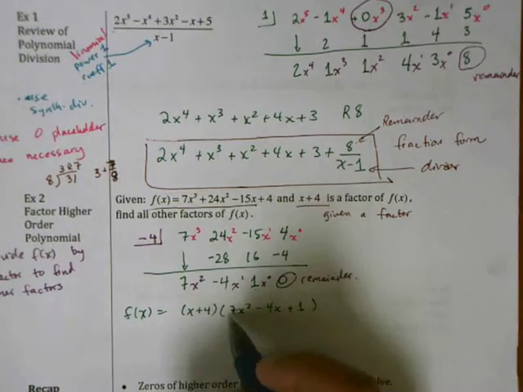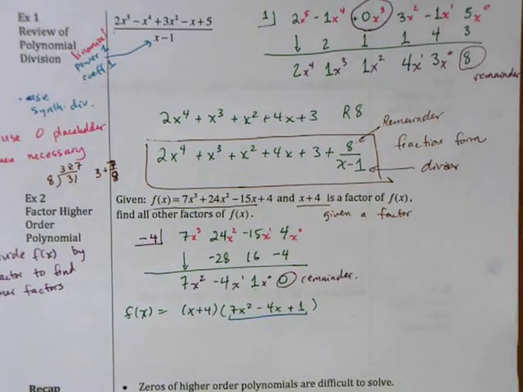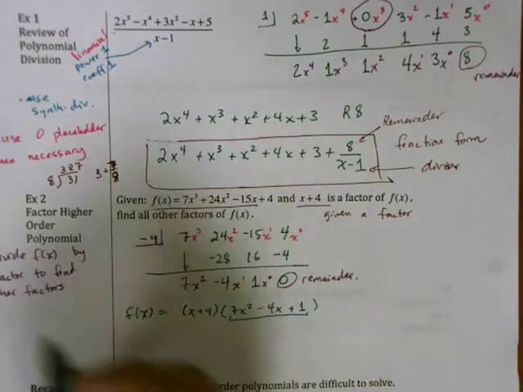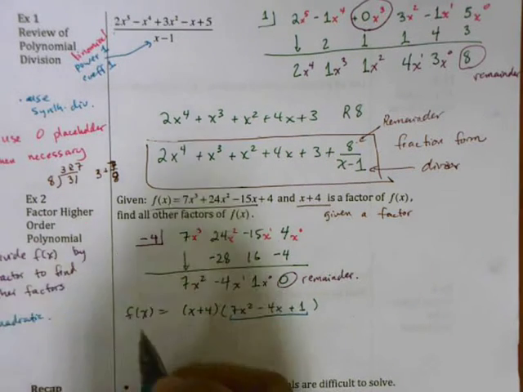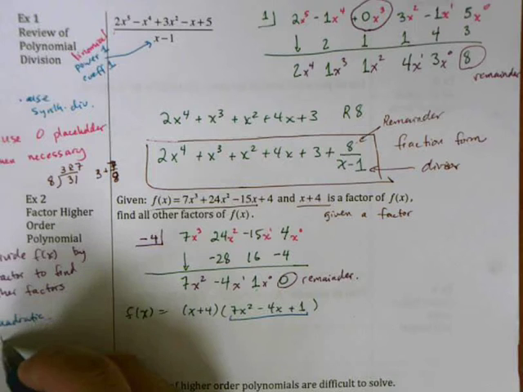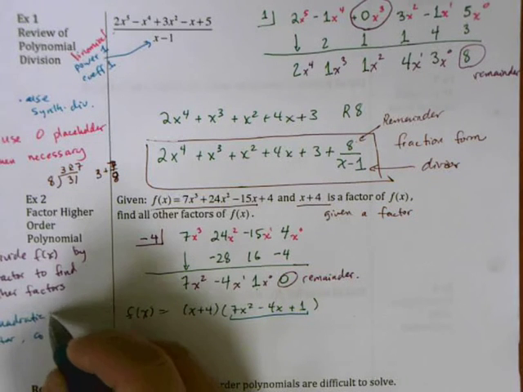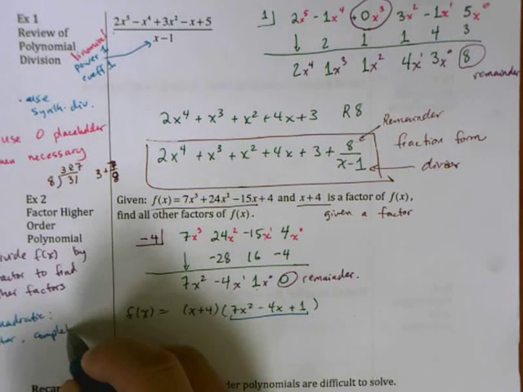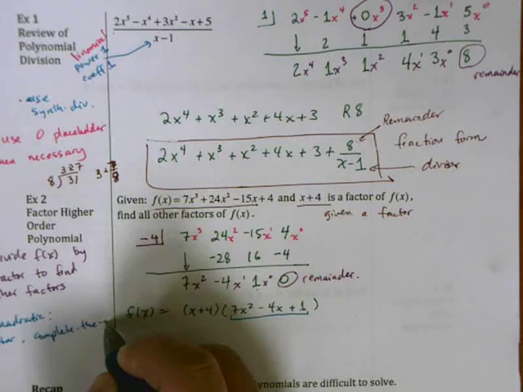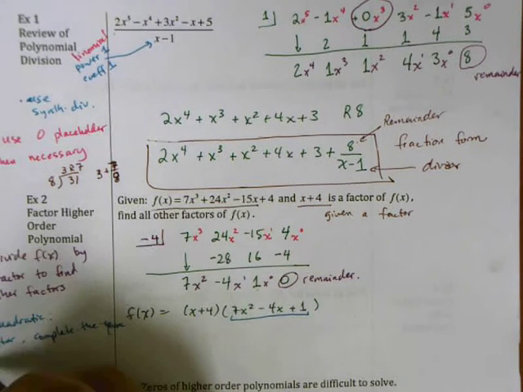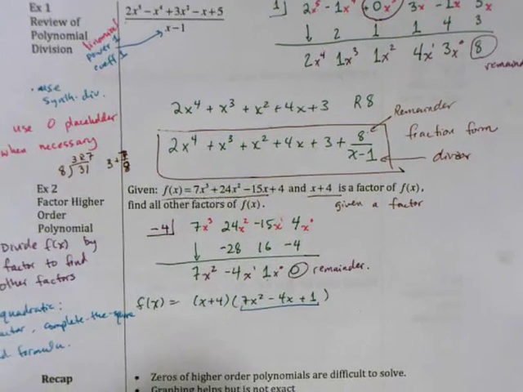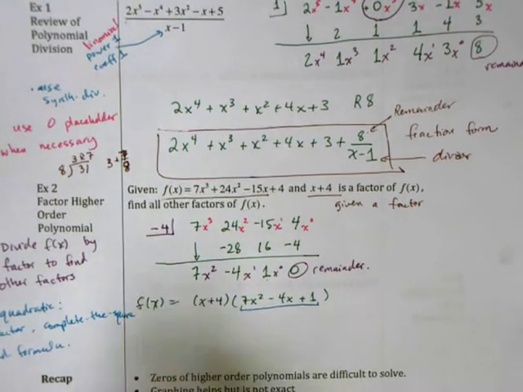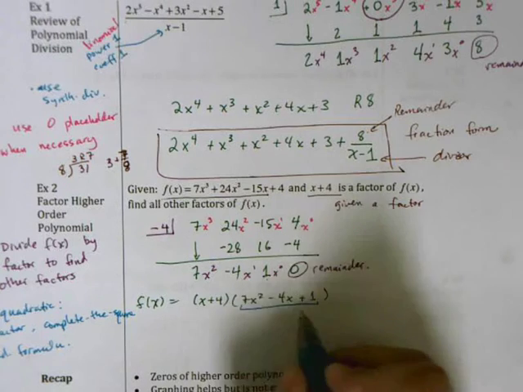There are multiple ways to do this, but whenever we get a quadratic, we can factor, we can complete the square, or we can also use the quadratic formula. All of these methods are perfectly fine. Just for the sake of illustrating this, I'm going to use the quadratic formula to factor this term here.